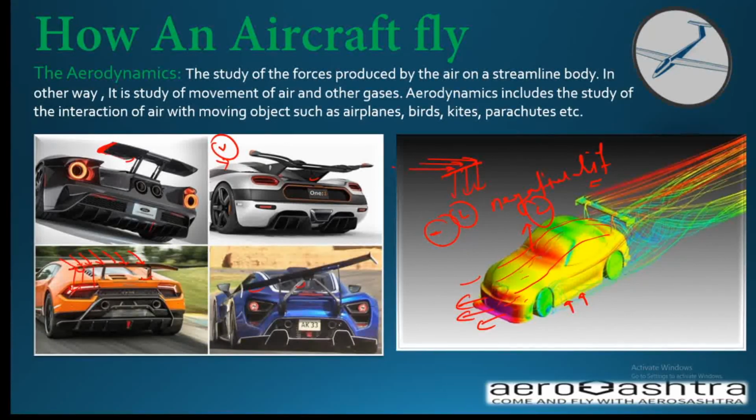Before this spoiler, it may have this kind of lift in the upward direction, which may affect the frictional force, because of which the wheel grip may get reduced. So, there is a high chance of an accident occurring.